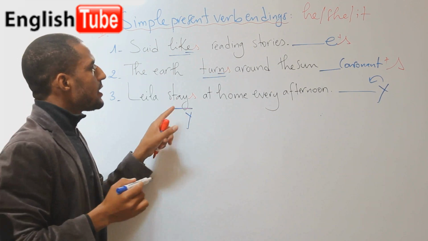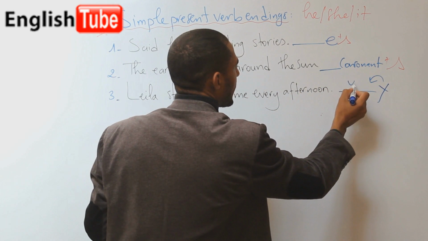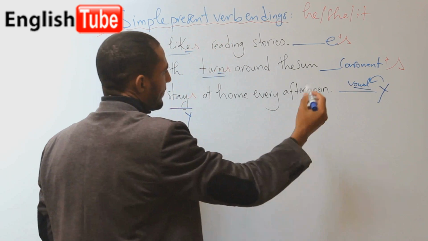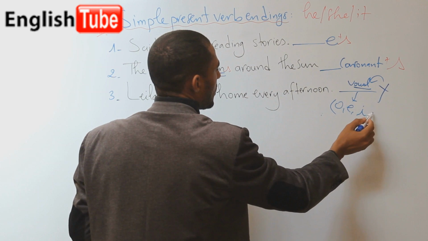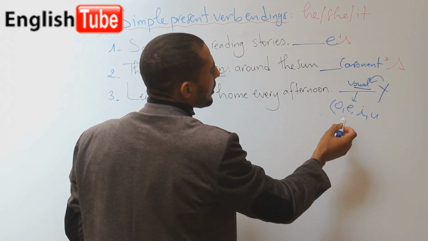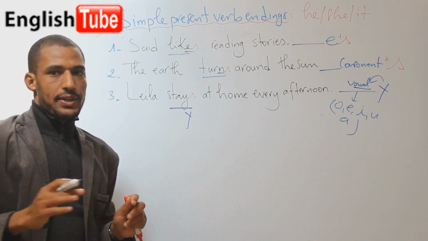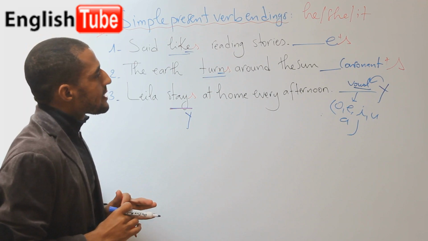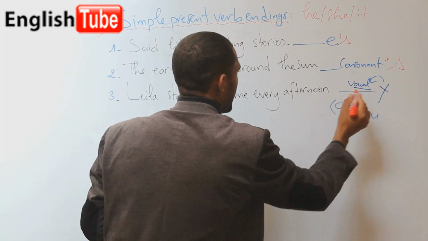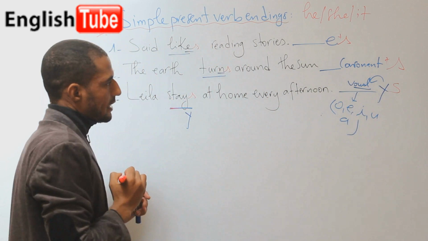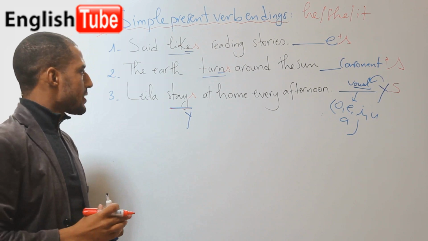So whenever you have Y at the end of a verb preceded by a vowel, the basic vowels that we know being O, E, I, U, and A, the five basic single vowels, the verb ending is S. We should add S at the end of the verb after, of course, he, she, and it in simple present.